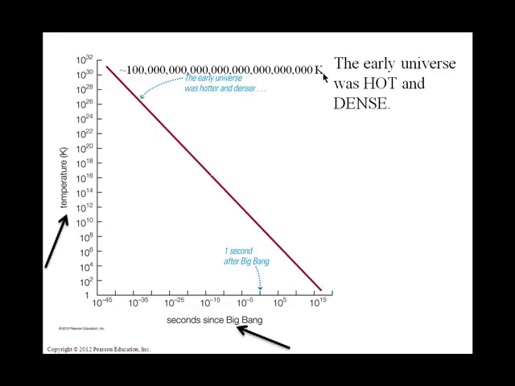So what this line says is that from left to right, time is increasing, although we have 1 second finally here. And notice that the universe is cooling down. It's cooling down related to the fact that it expands.